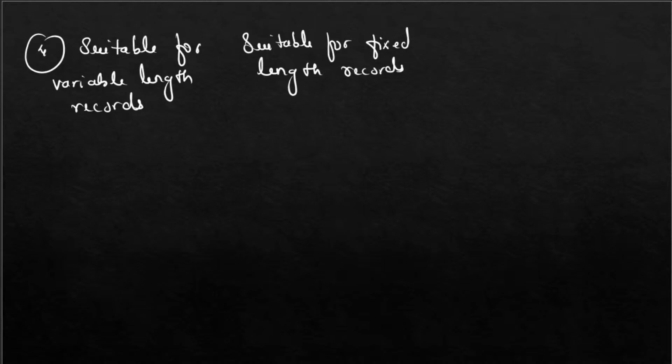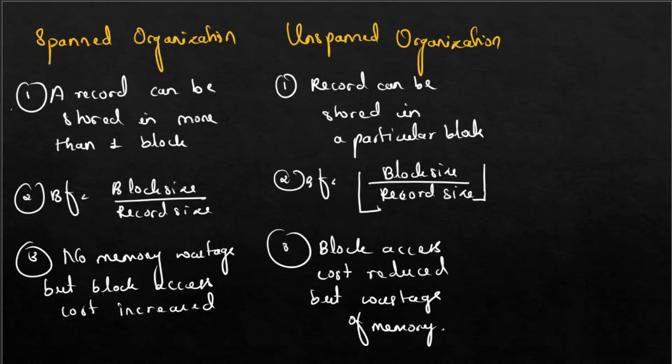Okay. This is the case. And the default is unspanned organization, and blocking factor for max possible records is by block. Okay. So that is the case, everyone.